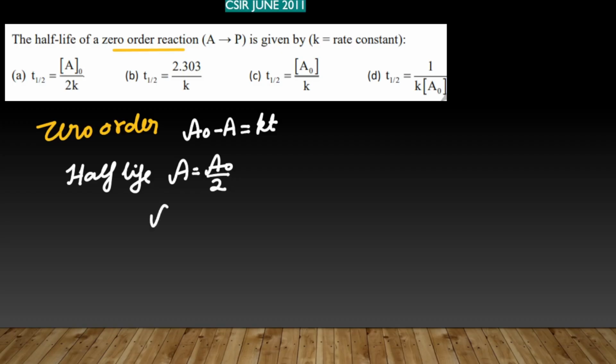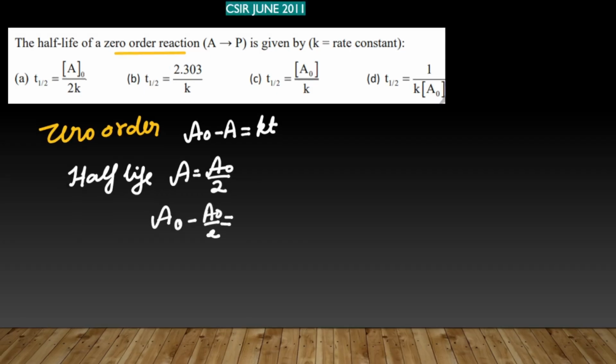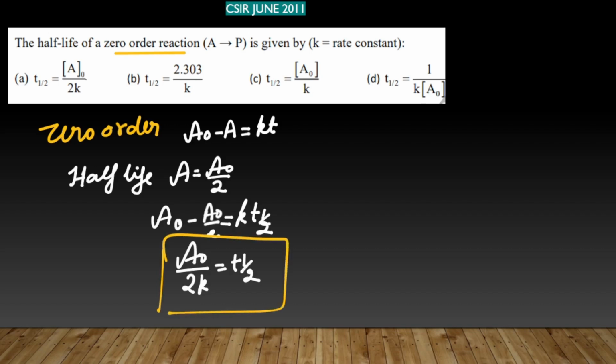Substitute this in the above expression: A naught minus A naught by 2 equals K T half. This will be A naught upon 2K. This is your T half for the zero-order reaction, that is A naught upon 2K. So the correct answer will be option A in this case.